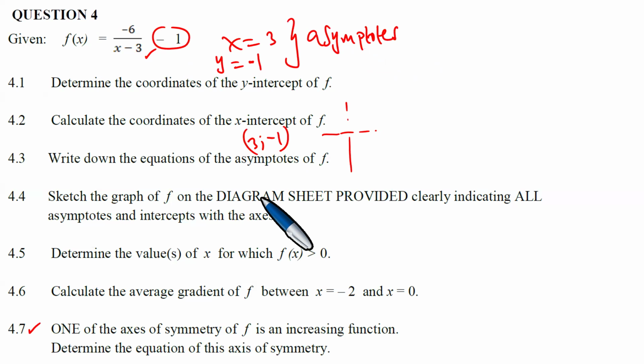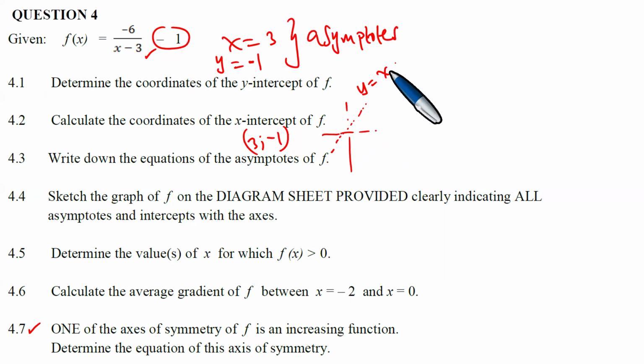Now if you have to deal with the axis of symmetry that is an increasing function, there's an axis of symmetry with a positive slope.